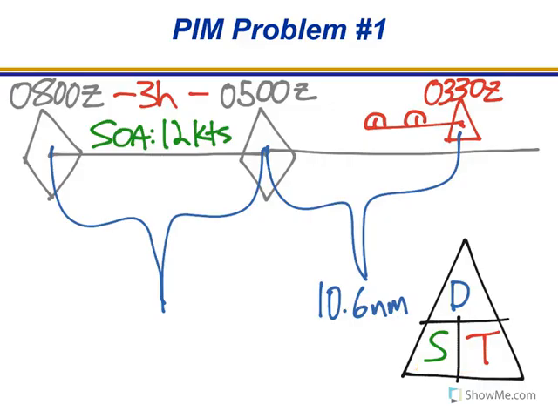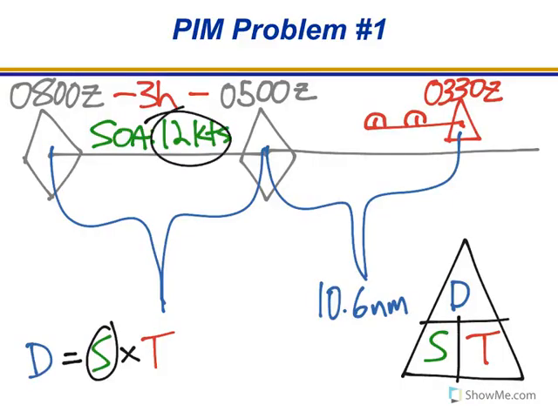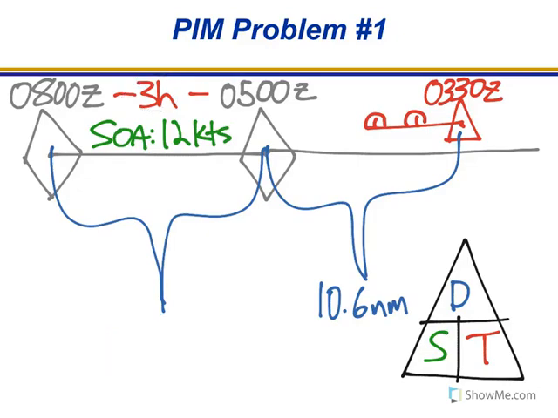So since we know speed and time, since they're on the same level, we're going to multiply speed and time, and that's going to equal the distance. So our formula for this part of the problem is distance equals speed times time. So in our calculators, we'll take our speed of 12 knots, and we'll multiply it by the time of 3 hours, and we get 36 nautical miles.